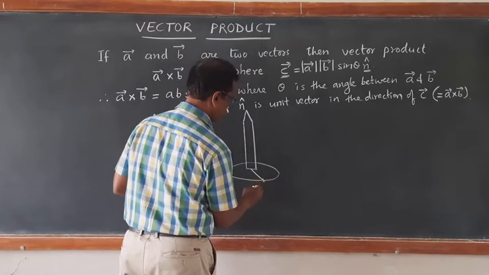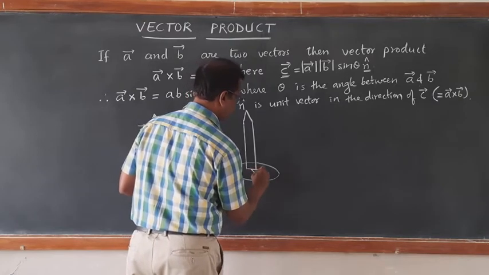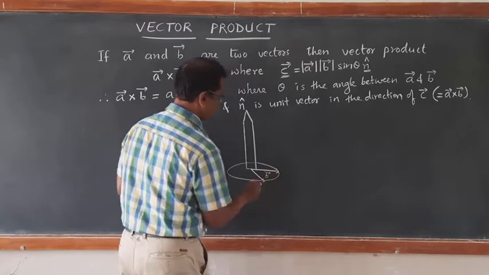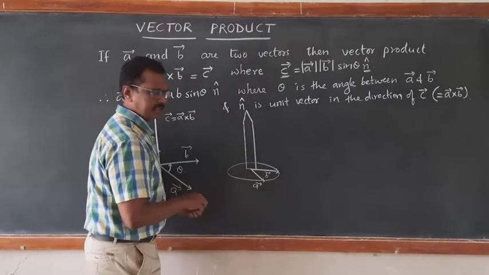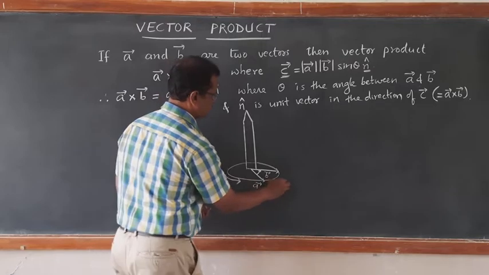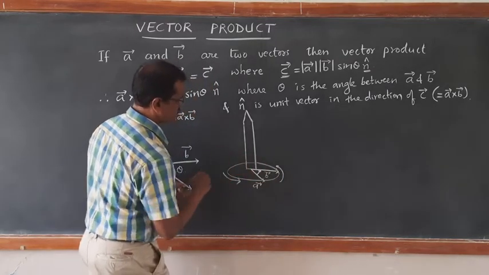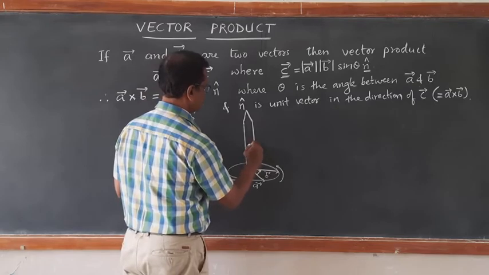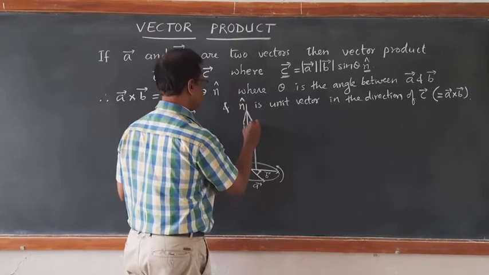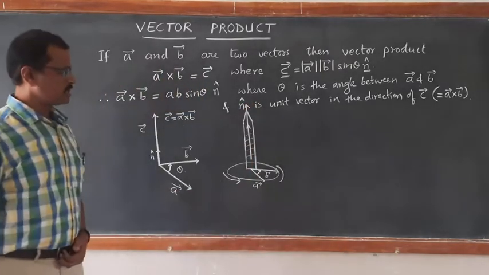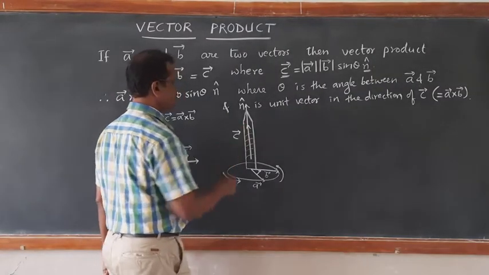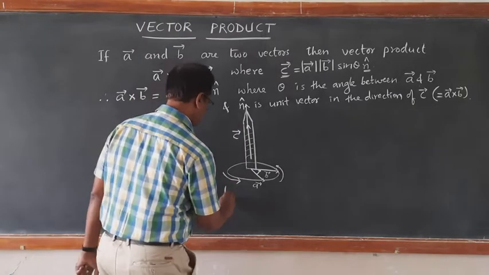This is vector A and this is vector B. If you turn A towards B, you are turning the head in this direction. Since it is a right-handed screw, the screw advances in the upward direction. So this is how we understand the direction of the resultant vector C.